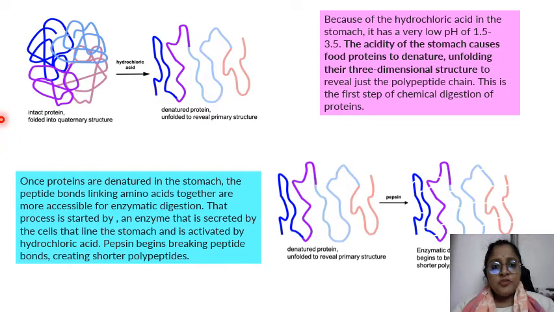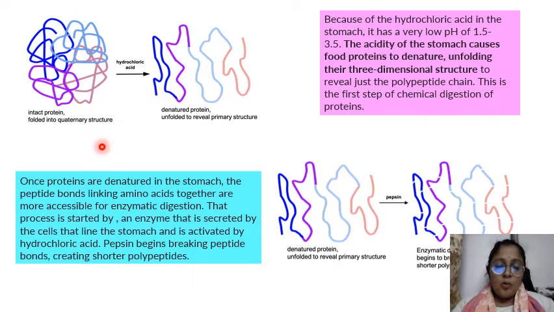If you can see the picture over here, it shows a very complex quaternary structure, which on the action of hydrochloric acid is converted to a denatured protein, which is simpler in nature. But we still have not got the amino acids. It is just breaking the bonds, breaking the three-dimensional structure into a simpler structure.